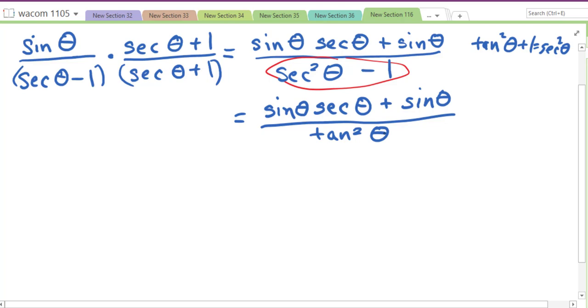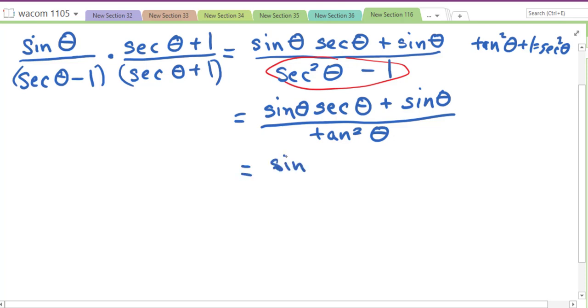All right, now I am going to go in and rewrite this secant theta as its reciprocal cousin, which is 1 over cosine theta, and I'm going to rewrite tan squared theta as sine over cosine with the square.